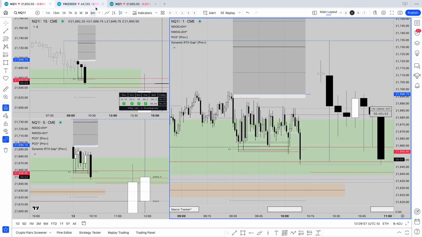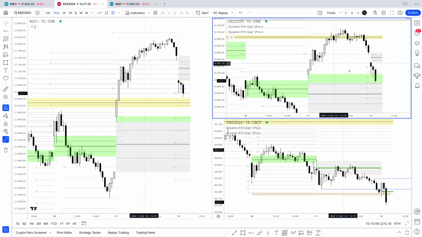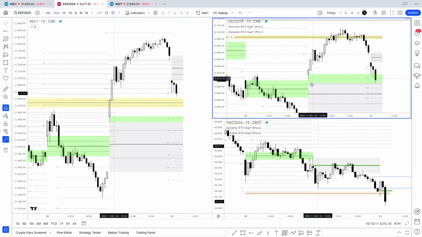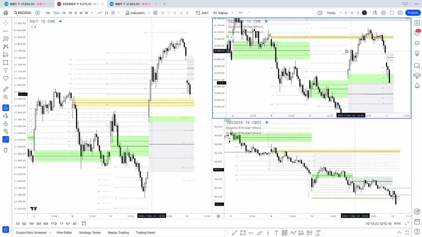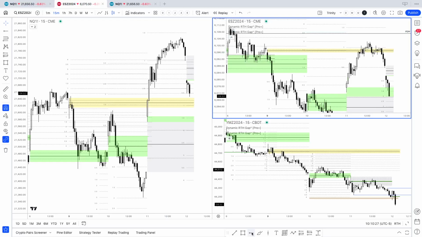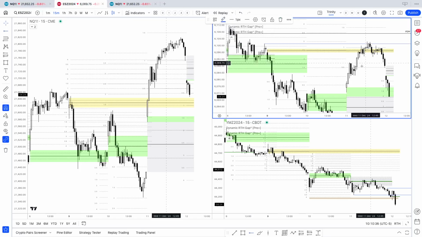Let's see what the other markets are doing here. Now ES is trading at the upper quadrant of yesterday's gap and is reaching 1.5 and 2 deviations from yesterday. But look, we take buy side liquidity above the market open, the new week opening gap, sorry.